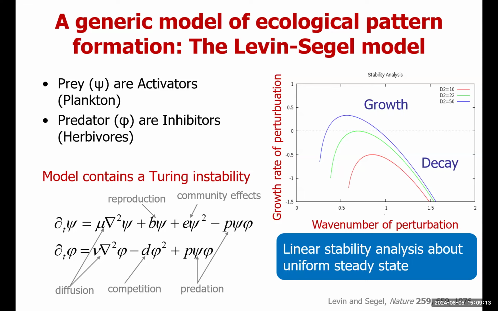coefficients mu and nu. So that was the model, and what they discovered as they varied the ratio of the diffusion coefficients and the rate of predation and so on, is that you can get growth rates which are always negative, so this doesn't grow, and then the blue one is when I have a band of unstable wave vectors, just like we talked about in convection, and then this is a critical point over here.